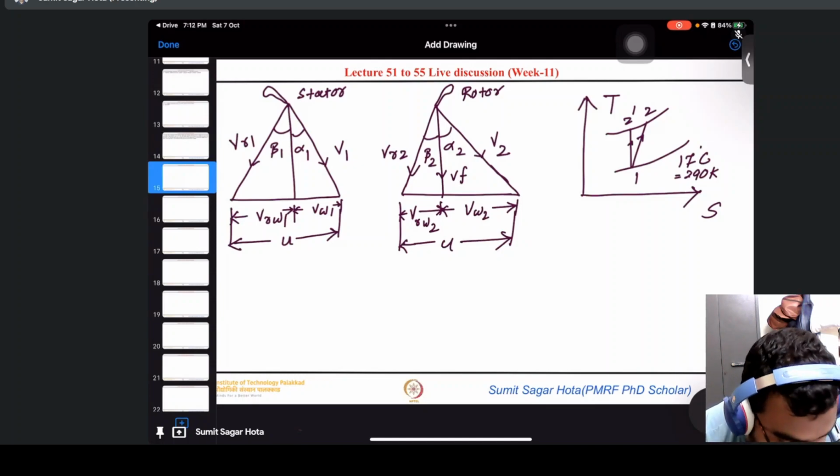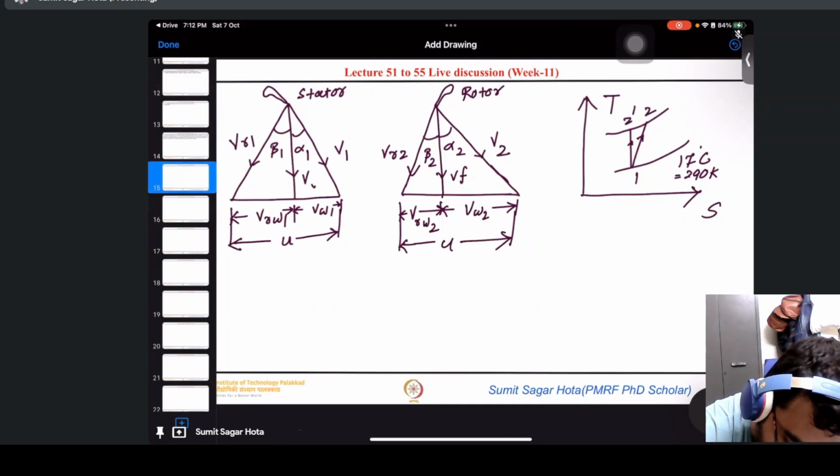Then tan beta 1 is VRW1 divided by VF. That means VRW1 is VF into tan beta 1. Similarly, what is VW1 from the right part of the left triangle? Tan alpha 1 equals VW1 divided by VF. That means VW1 is VF into tan alpha 1.